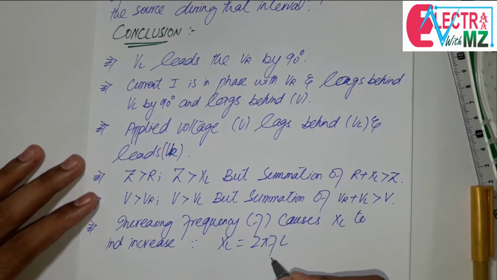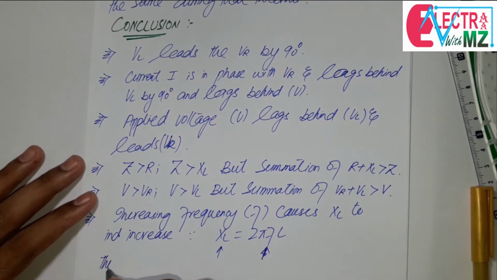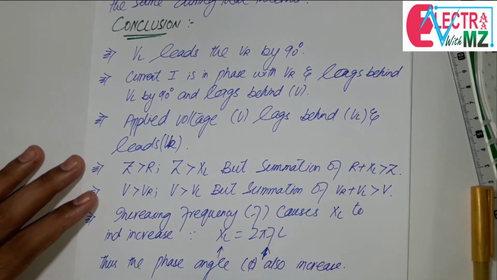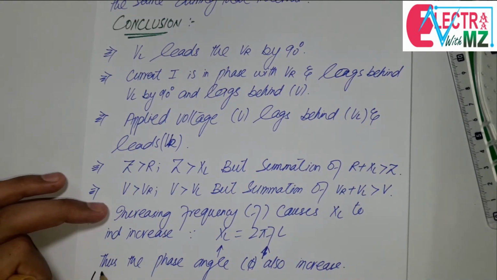So increasing frequency will also increase inductive reactance XL, and thus the phase angle phi also increases. Now where is the RL series AC circuit used?